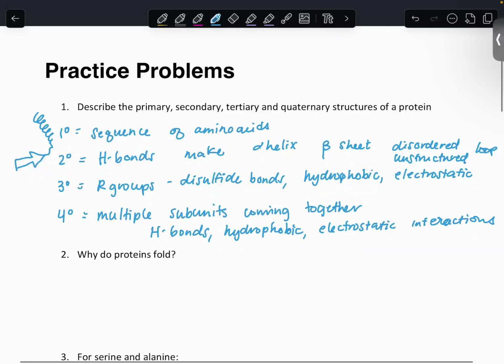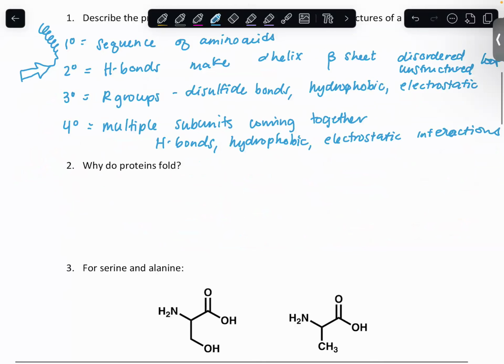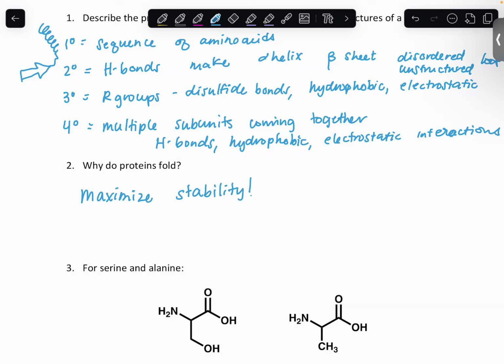Cool. Why do proteins fold? Any thoughts? Exactly. How does folding maximize stability? Yes.